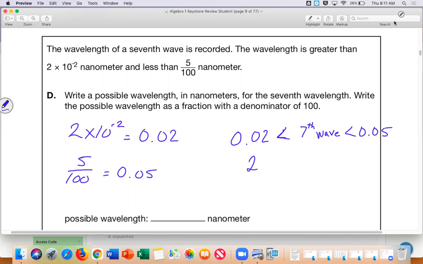Can you write that out of 100? Instead of the 7th wave, I'm just going to call it X. Make sense? You could call it W. 0.05, do you want to take a guess at what that is out of 100? Are you okay now? Yeah.